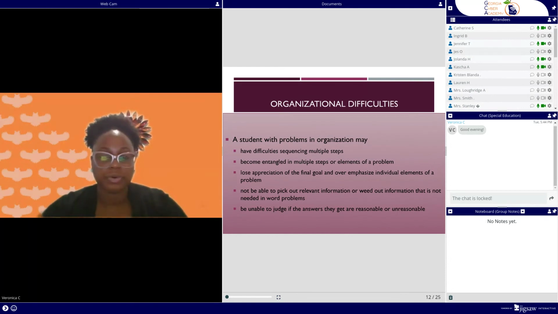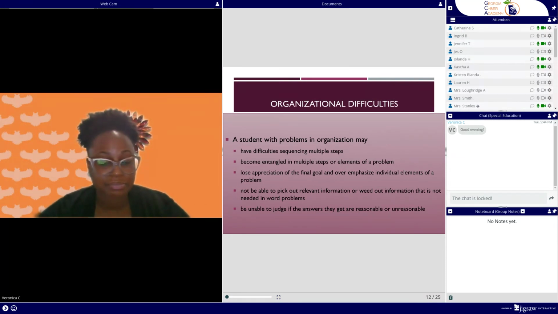So, a student with organizational difficulties may have difficulty sequencing multi-step problems. They become tangled up in all the different steps and elements of a problem, all the different components. We may have to break down a problem into smaller steps for this student. They lose appreciation of the final goal or overemphasize an individual element of a problem.